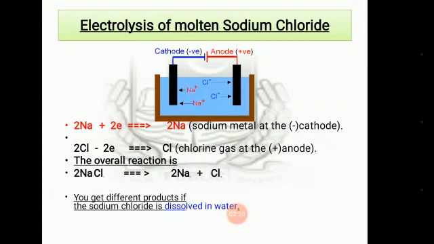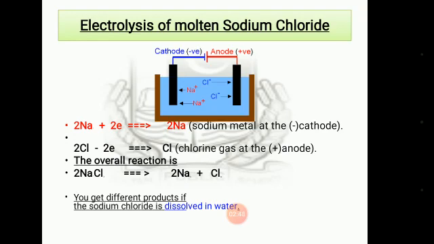In case of molten sodium chloride, the salt sodium chloride, which is known as common salt, is heated at very high temperature, and it is known that its melting point is 801 degrees centigrade. It becomes liquid. Now there are only two ions, sodium ion and chloride ion.